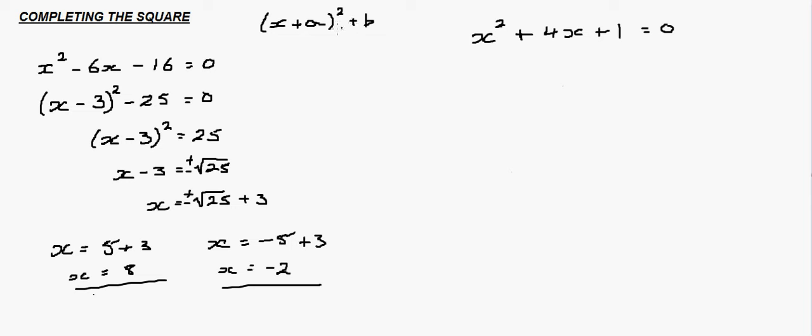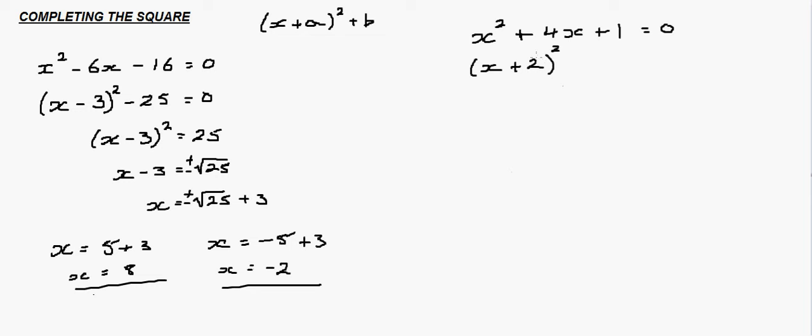Okay, I do exactly the same. A bracket, one of the x's, half of this value. You don't take the x, just half of the coefficient, and we square it. Now I know that the x squared and the 4x will happen. The only thing that won't happen is the 1.